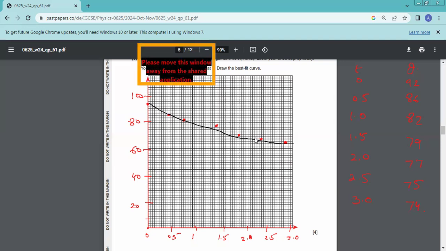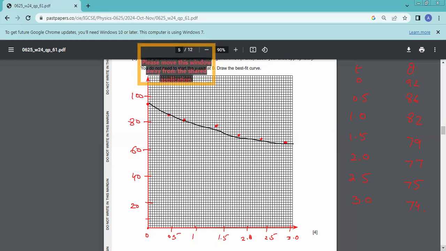Rate of cooling is higher because the water is cooled at a greater rate when the difference between water and room temperature is greater. So we see that it reduces as the water cools.